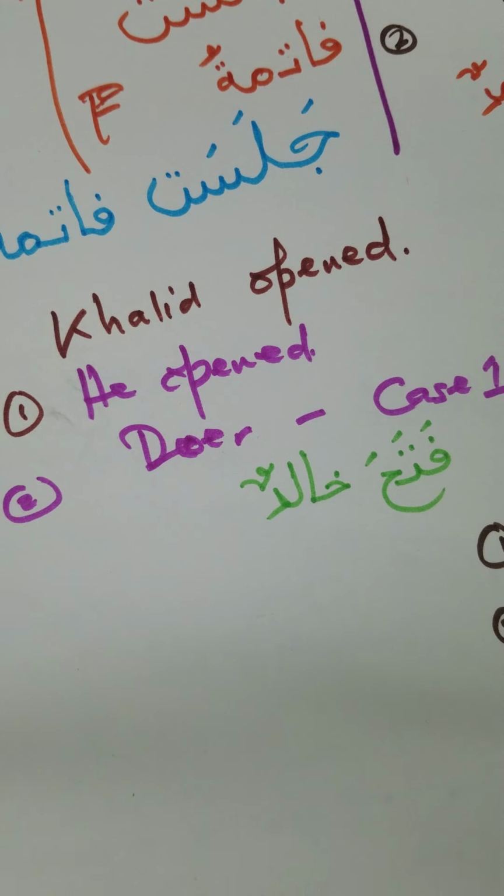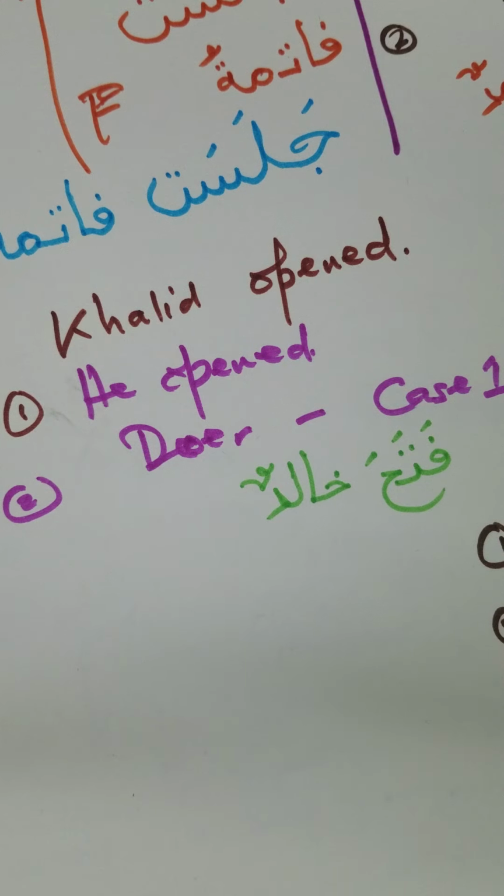Khalid is a man, therefore you have to say he opened. You bring that opened first, fataha, then bring Khalid in case 1, and it will be fataha Khalidun. So if you only remember that the verb will come, then the doer will follow, it's going to help you as we go along, and I hope you'll be in position to remember this as we move on and on.